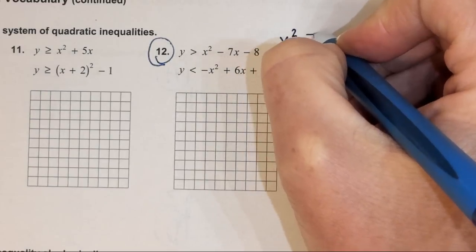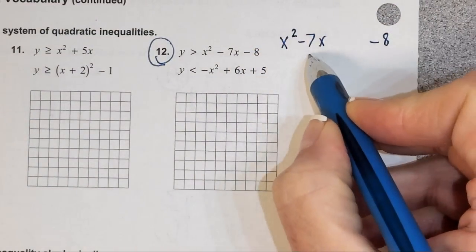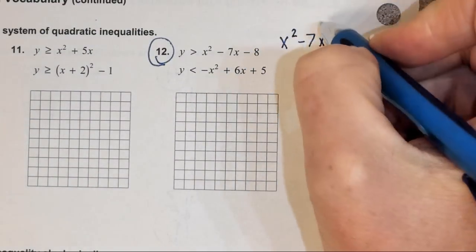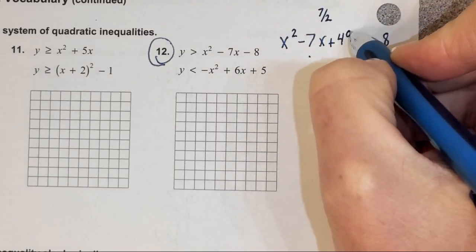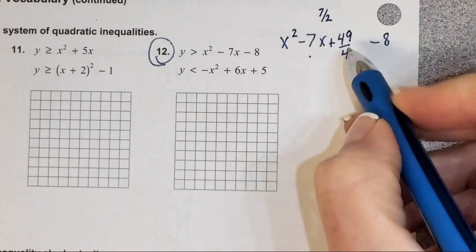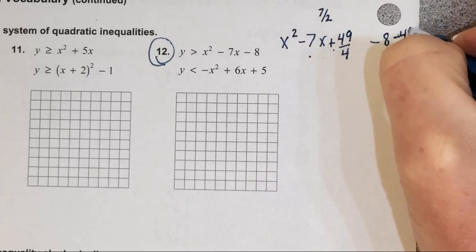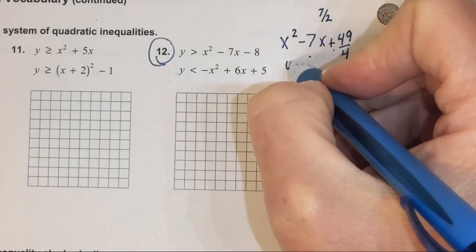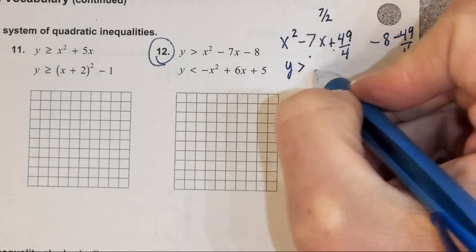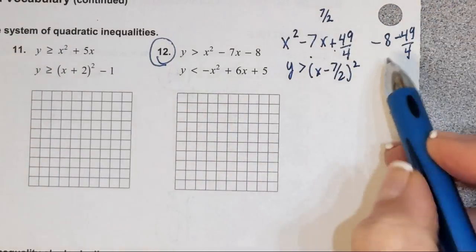I'm going to do x squared minus 7x minus 8. I'm going to take half of this, which is 7 halves. I'm going to square it, which is 49 fourths. Since I added 49 fourths, I'm also going to have to subtract 49 fourths. So now it's going to become y has to be greater than x minus 7 halves squared.